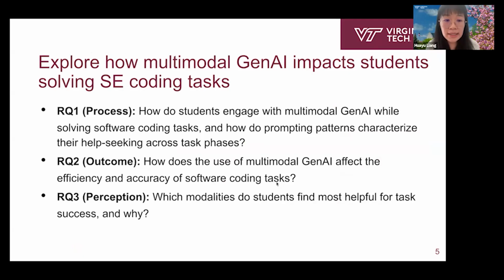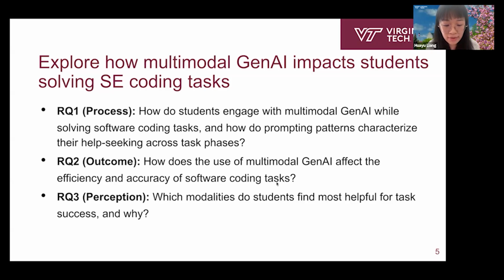Motivated by these benefits, and since there is a research gap where no work has been done in this field, I proposed a research study to explore how multimodal generative AI impacts students in learning software engineering coding tasks. Specifically, I'm looking into the following research questions. RQ1: what prompting strategies and interactions appear when students seek help?